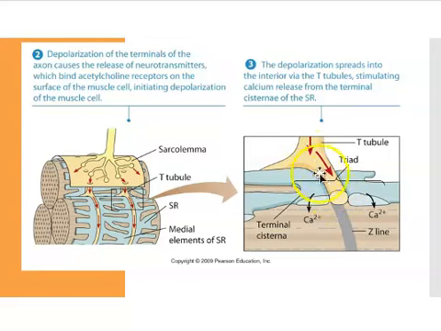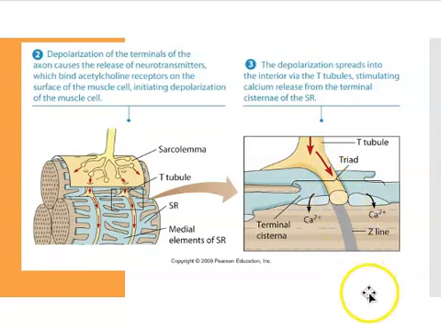Here's a T-tubule in yellow. Here's a terminal cisterna, here's a terminal cisterna in blue. And the signal that's coming down that T-tubule, the action potentials coming down that T-tubule, is going to trigger calcium to be released from the sarcoplasmic reticulum. You'll notice that that T-tubule, that triad, lies right over a Z-line.